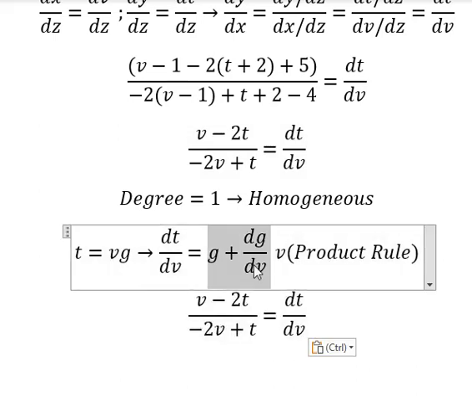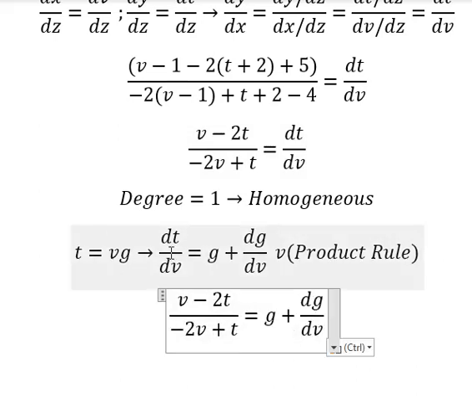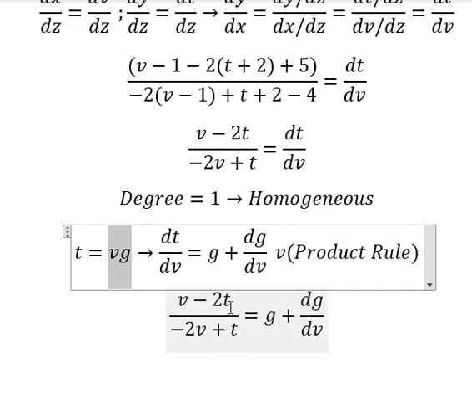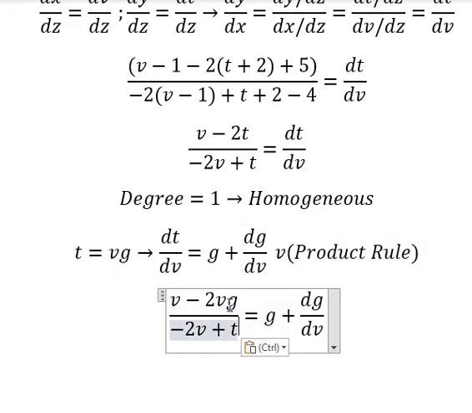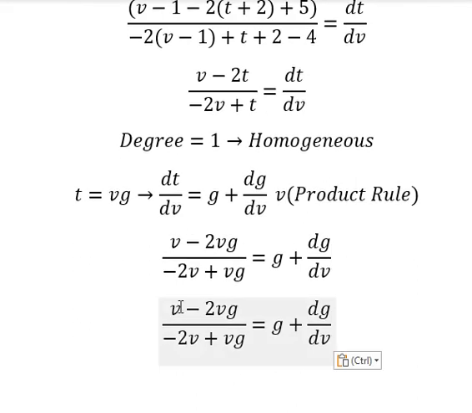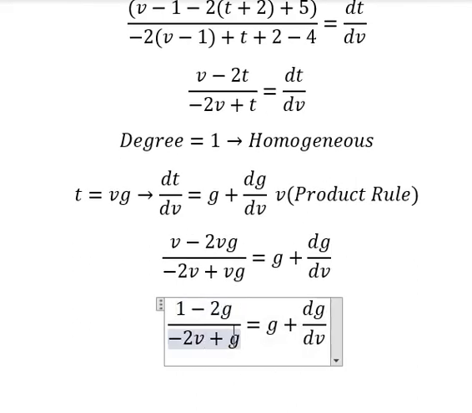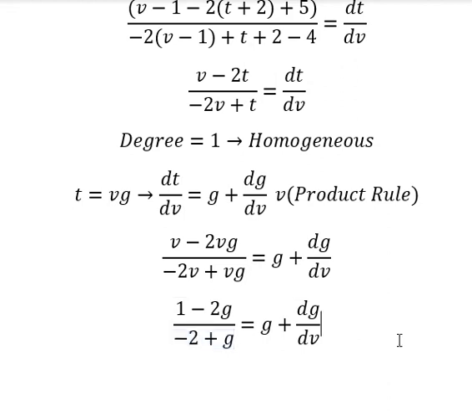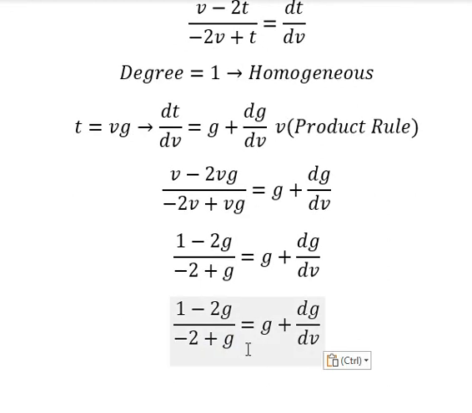So I will put this one going here. This one will change by t. So we have v, v, v, and v. We simplify. So I will put z go to the left.